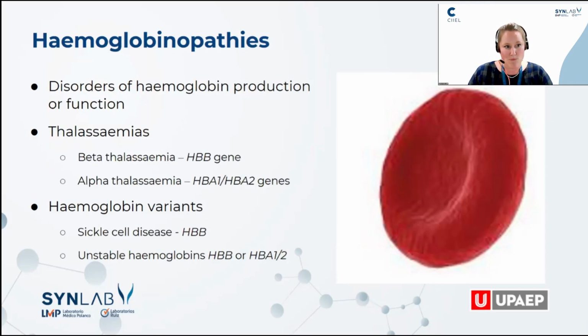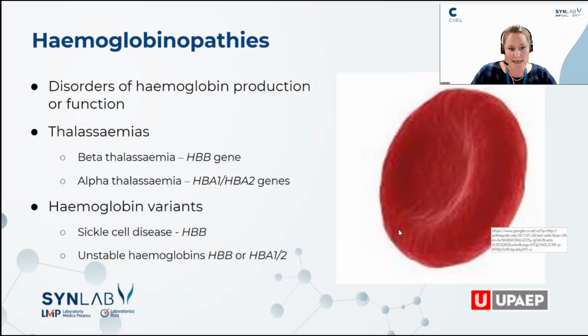So, just to begin with, hemoglobinopathies are disorders of either hemoglobin production, which are the thalassemias, or of hemoglobin function. So those are the sickle cell diseases and related variants. Within the thalassemias, we have beta thalassemia, which is caused by mutations in the beta globin gene.